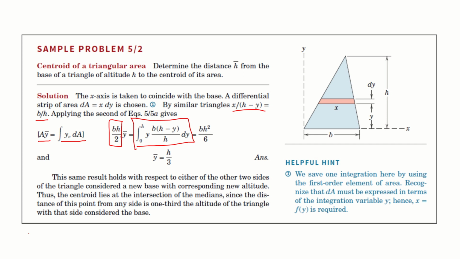So these two ratios, breadth into height over x over h minus y, this relation is going to become the basis of the cross-sectional area. And we have solved this thing, and you will find this to be 1/3 of its height. This is how you solve for the simple area. This technique is just to show you how you can find the centroid of the system based on the equations given above.